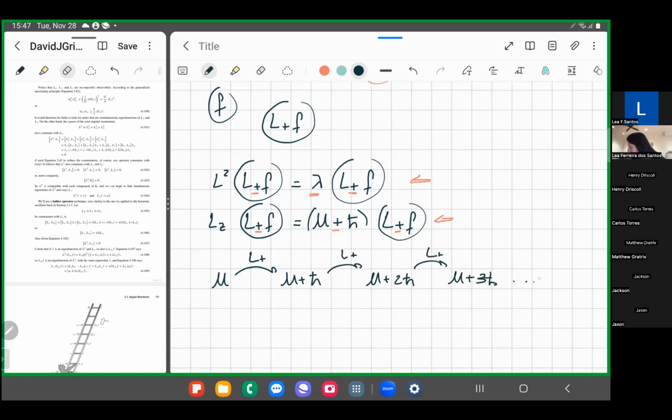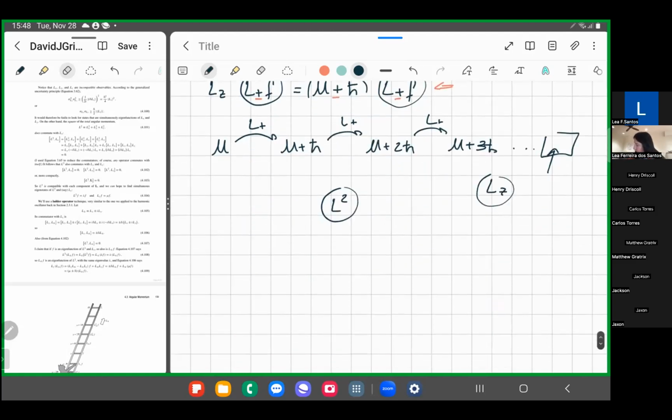I cannot get an eigenvalue for the Lz, which is a component of the angular momentum, that is larger than the eigenvalue for L square. It cannot be larger than the eigenvalue for the total angular momentum. So there should be a point, as we are increasing, that we reach the largest eigenvalue and the corresponding top eigenfunction.